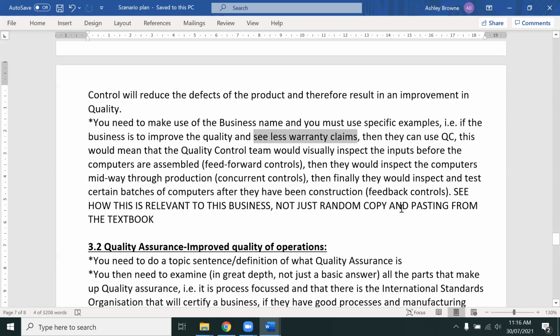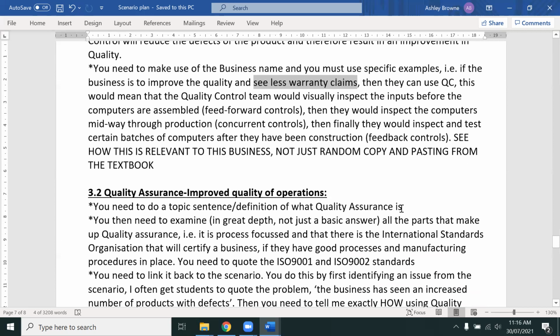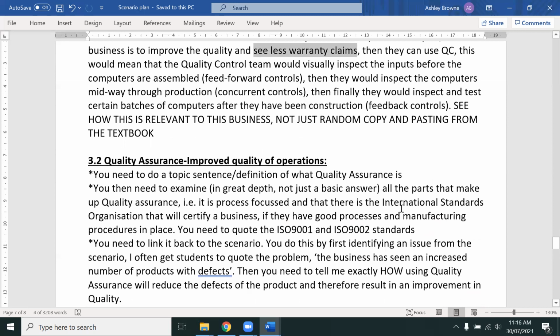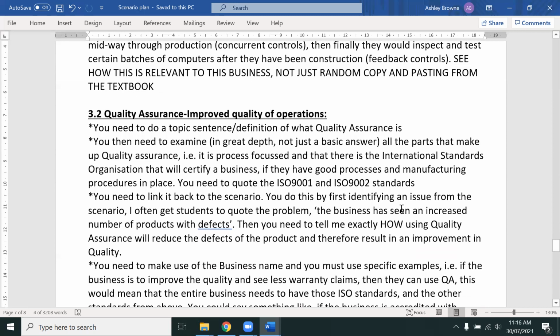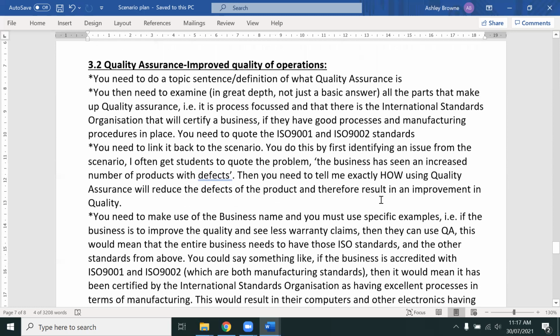Cool. So that pretty much addresses that first one. But I do need to have specific examples from the scenario and actual products like computers, etc., and how you'd use quality control with these computers. You're using the scenario to explain your answers.